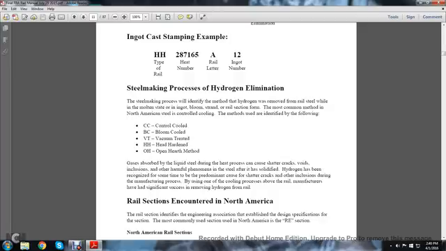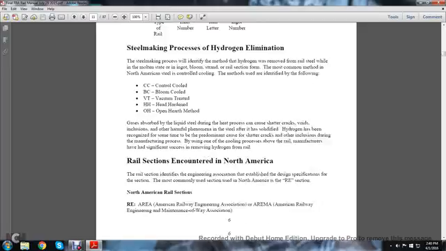Gases absorbed by the liquid steel during the heat process can cause shatter cracks, voids, and inclusions of harmful ammonia in the steel after it is solidified. Hydrogen has been recognized for some time to be a predominant cause of shatter cracks and other inclusions during the manufacturing process. By using the cooling process above, rail manufacturers have had significant success in removing hydrogen from the rail.